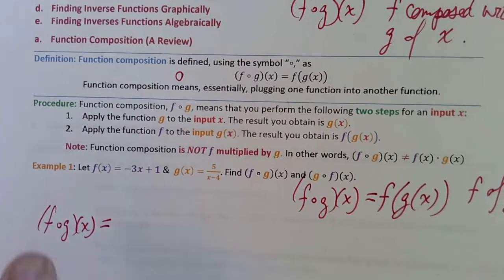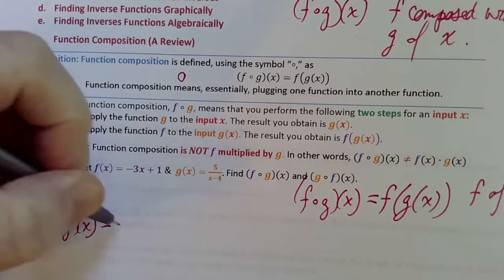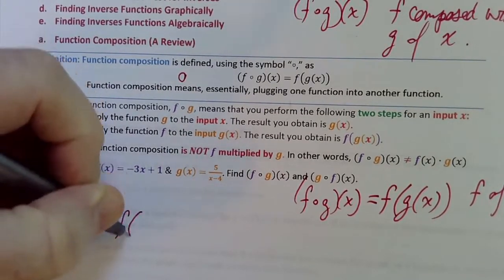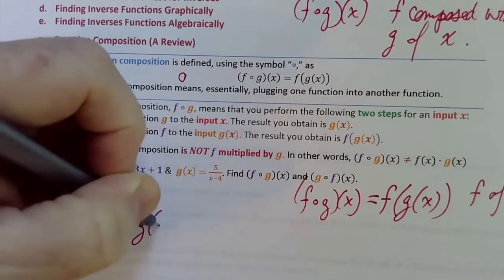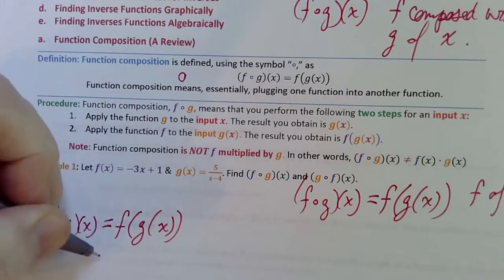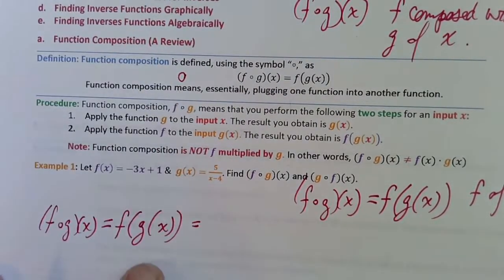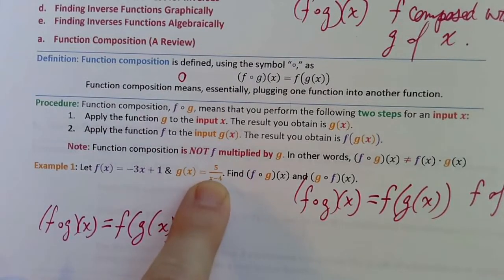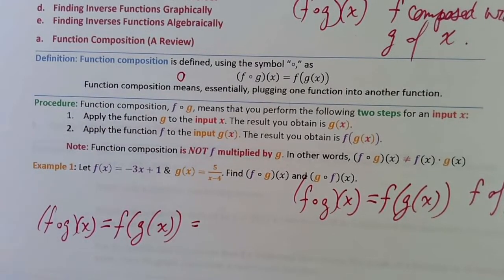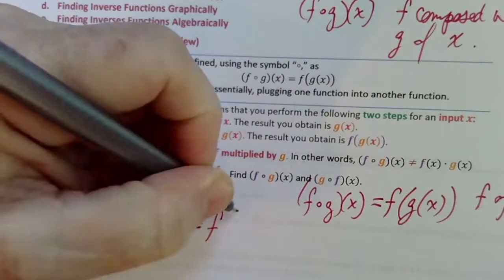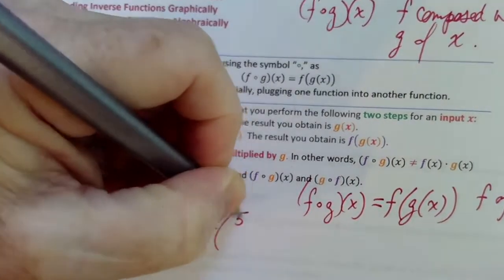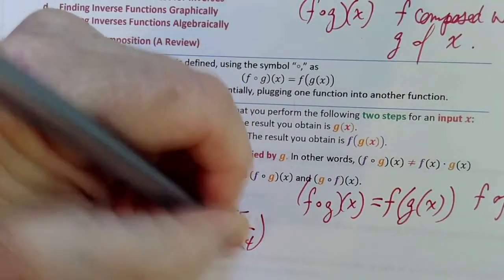And again, this next step is very important. I really want to see this written. This means f of g of x. Well, g of x is this fraction, 5 over x minus 4. So this is f of 5 over x minus 4.